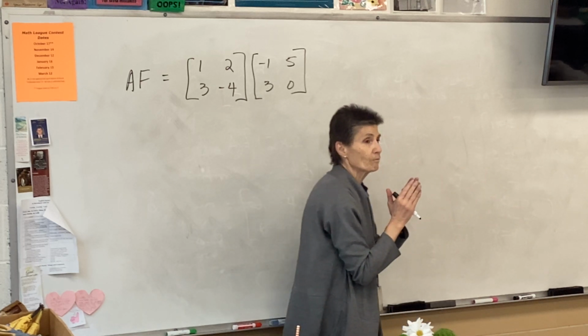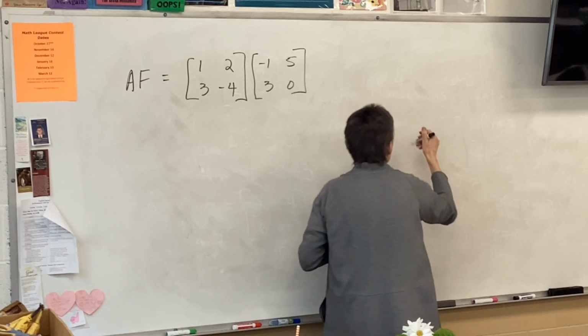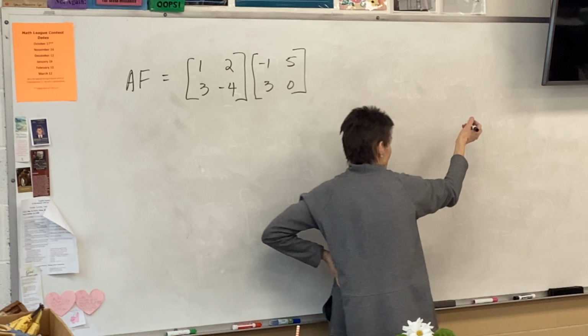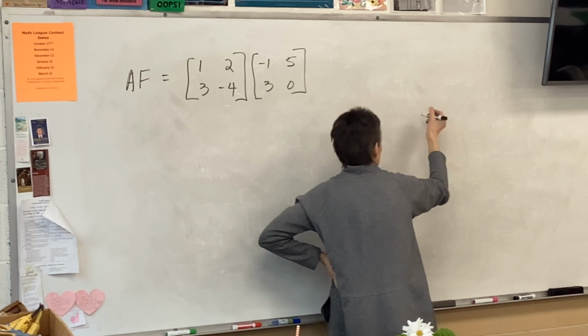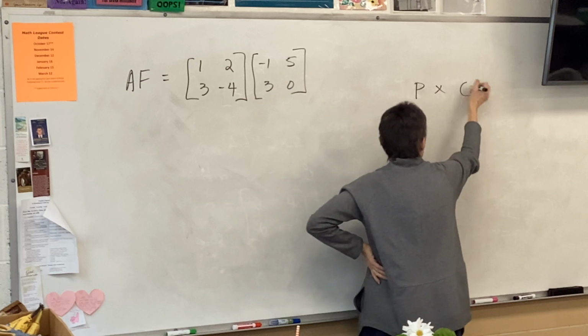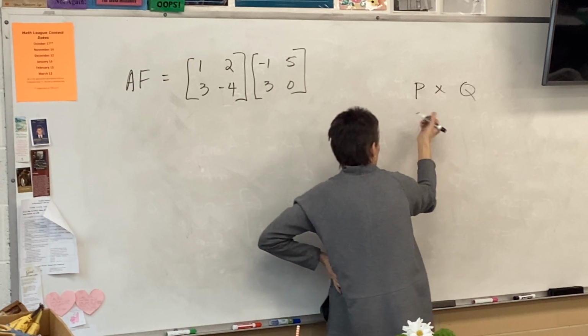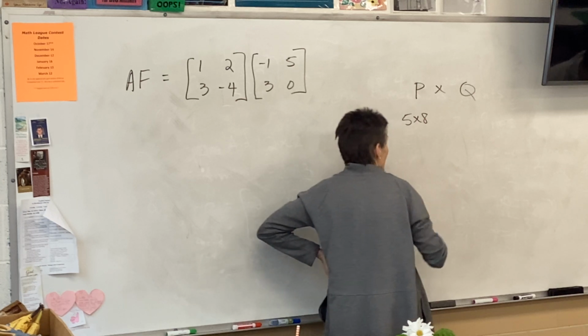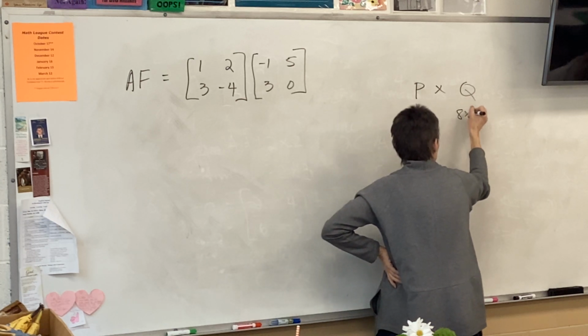Here is the rule for multiplication. Whatever the dimensions of your first matrix are, so let's say I'm multiplying these two matrices together, and P is a 5 by 8, and Q is an 8 by 2.